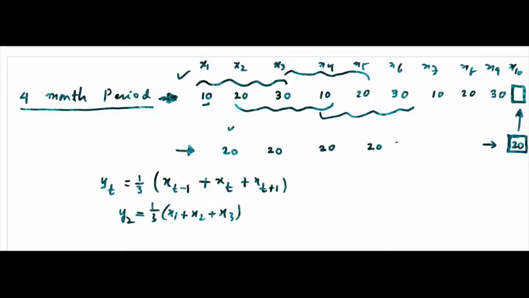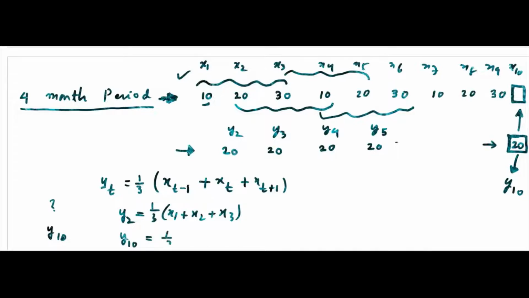Okay, so this is my y2, this is my y3, this is my y4, this is my y5, and this 20 I got, if you see, because I've started from y2 here, when x2 I have y2, and this one I don't know, I want to know this one. Okay, y10 I want to know, so I want to know y10. This is my question.